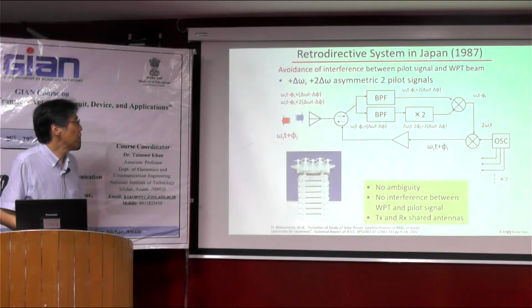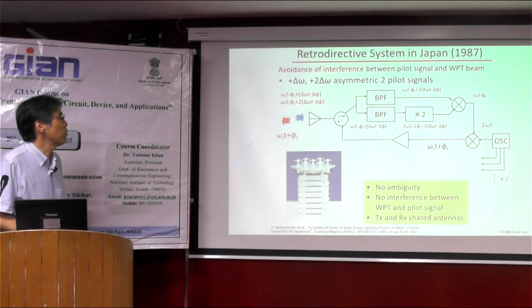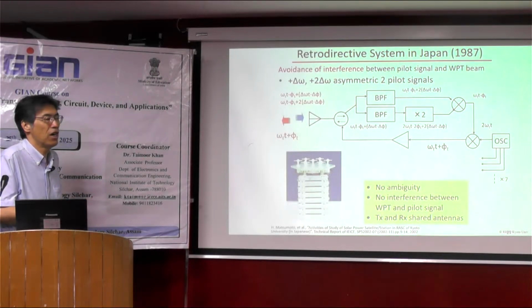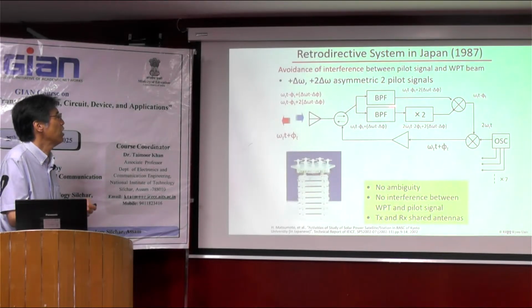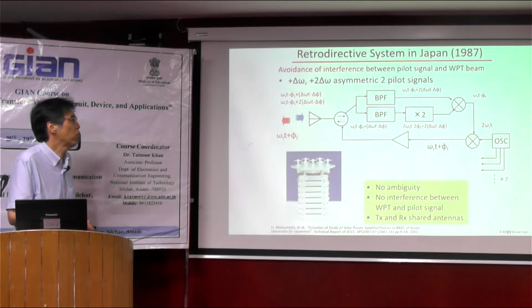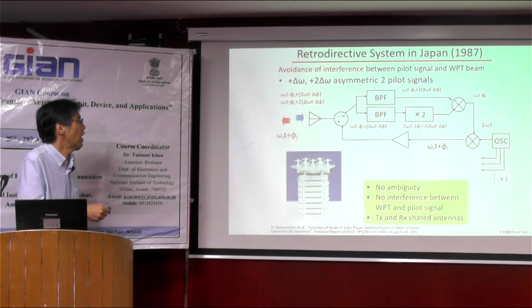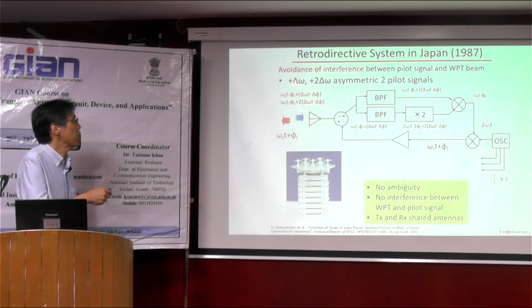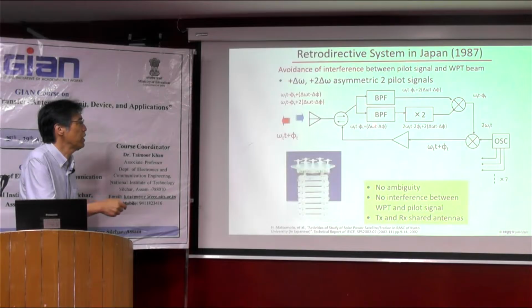And my boss, Professor Hiroshi Matsumoto, before I joined this laboratory, proposed another retrodirective system with two asymmetric pilot signals. Here you can see the block diagram to create a phase conjugation. At first, they use two different asymmetric pilot signals from here to here.